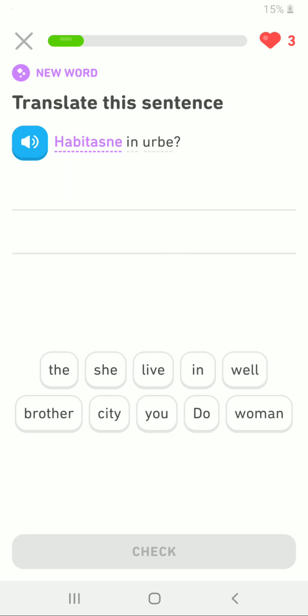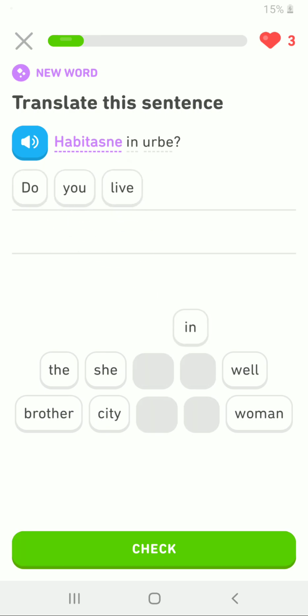And habitasne is just like habitat, the place where people live, your living place. So habitasne in urbe? Do you live in the city?